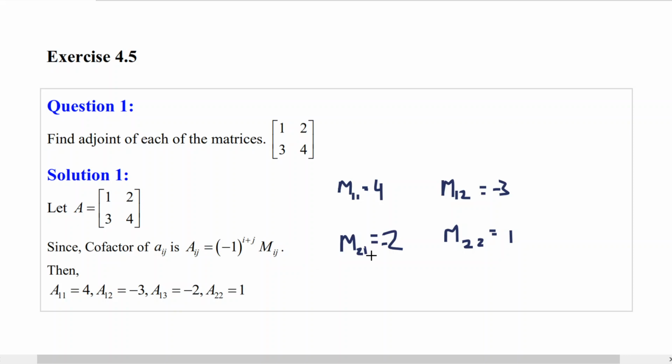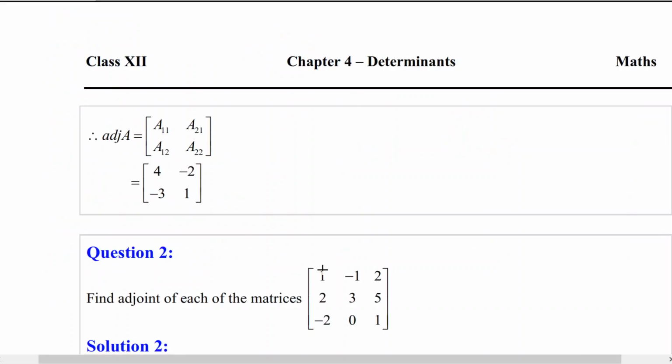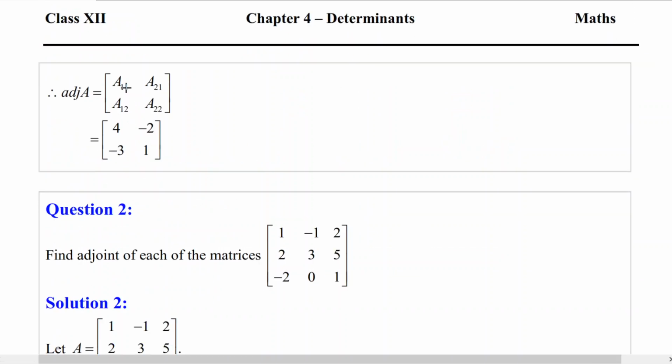Now what you need to do is make a matrix and write the cofactors like this: a11, a12, a21, a22. Generally, how we write the elements: 11, 12, 21 and 22, isn't it? When we write some elements in a matrix, it is in the form 11, 12, 21, 22.